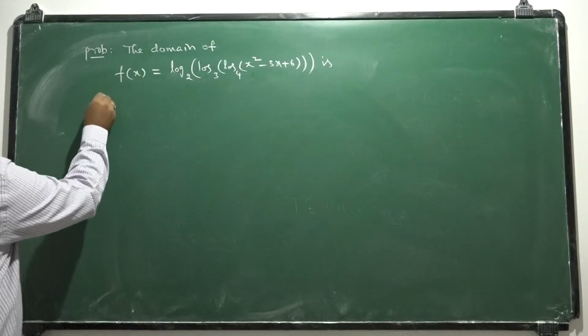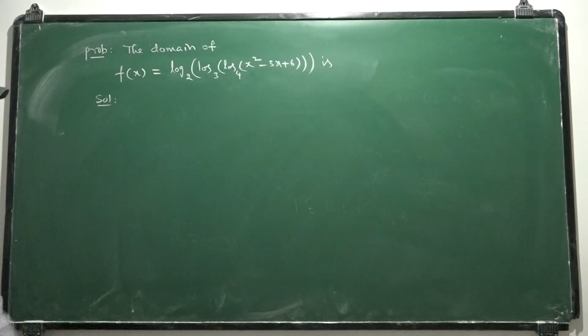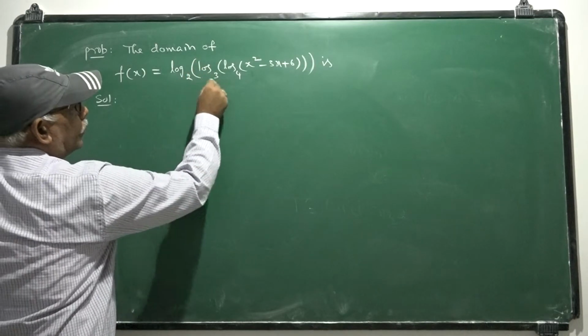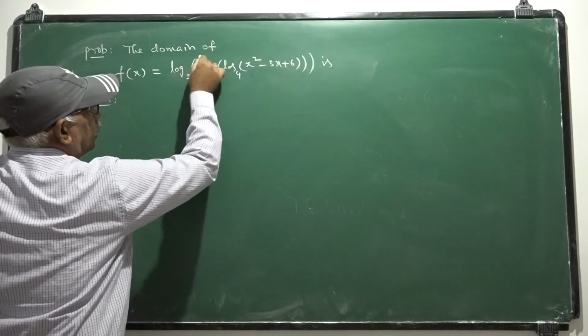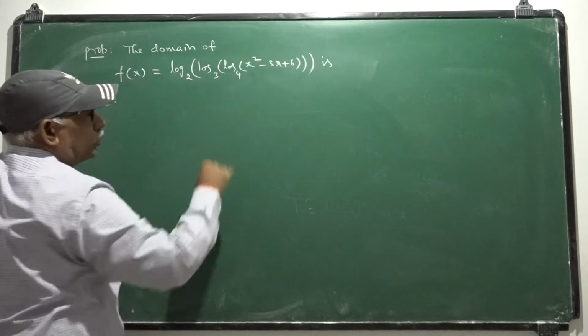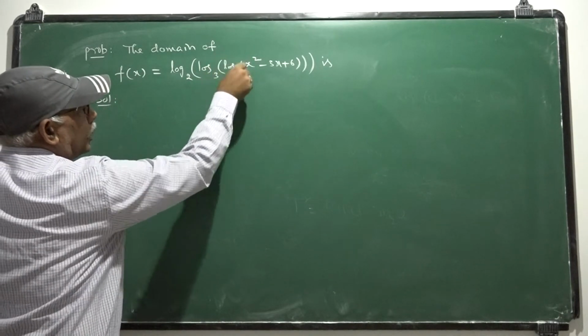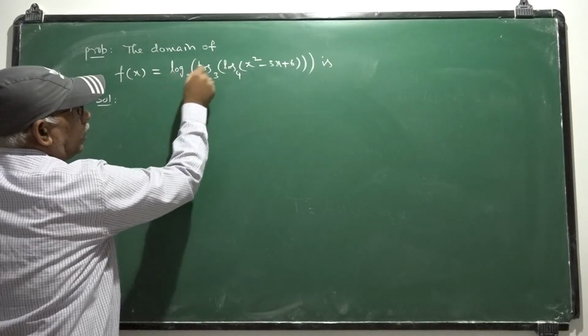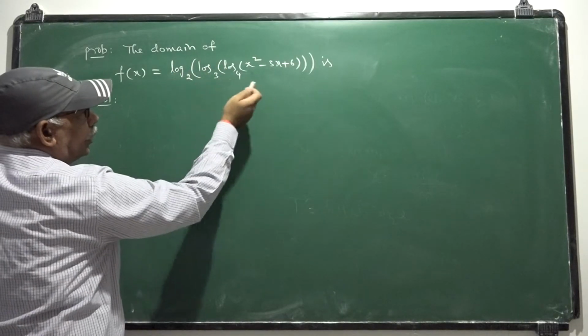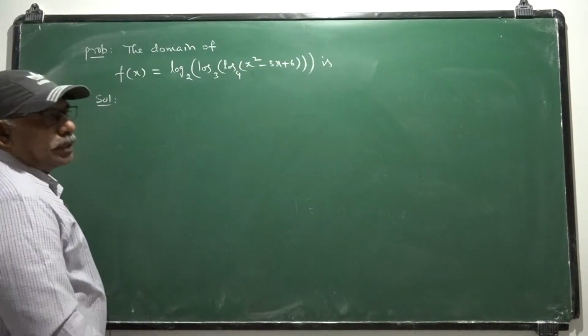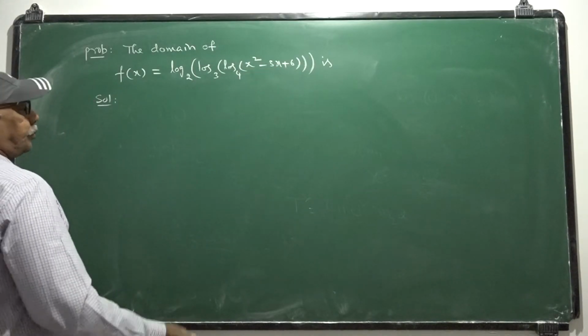So, to get the domain of the logarithmic function, the logarithm is applicable to positive values. Once you assume this one as X, log X to the base 2 is defined for X positive.